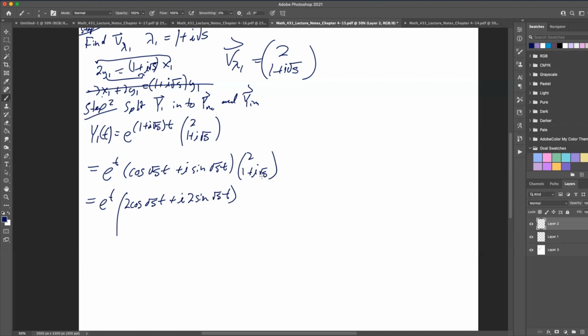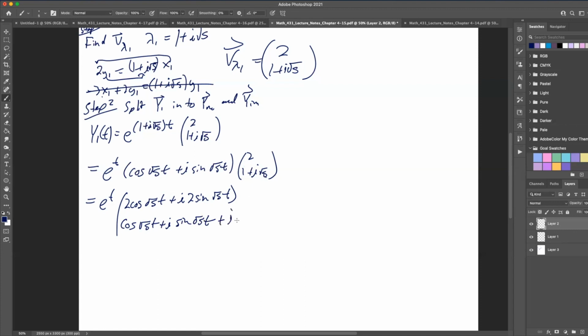And then I'm going to do this onto this and then this onto this. Well, let's just do the 1 first. So let's do this to be cosine of square root 5t plus i sine square root 5t. So I've done the 1. Now I need to do the plus the i square root 5.